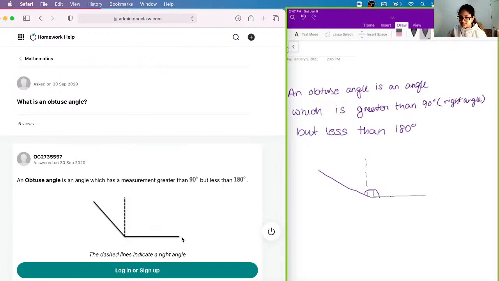It would be something like that. So it's bigger than 90 degrees and less than 180.